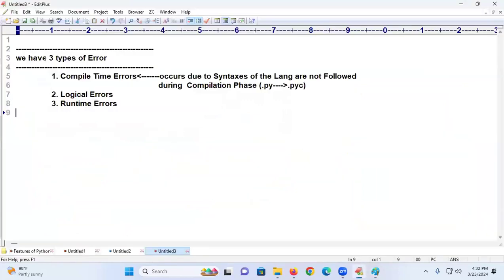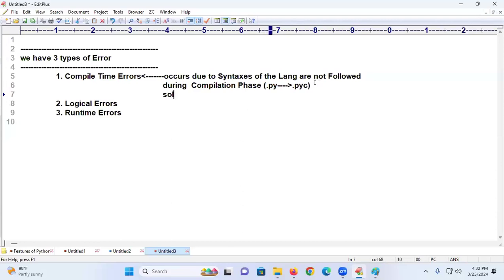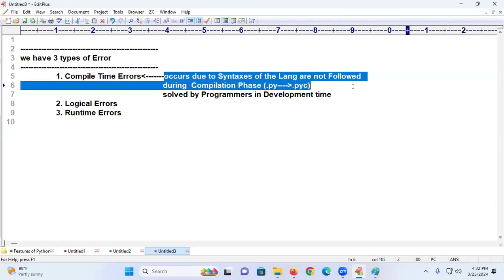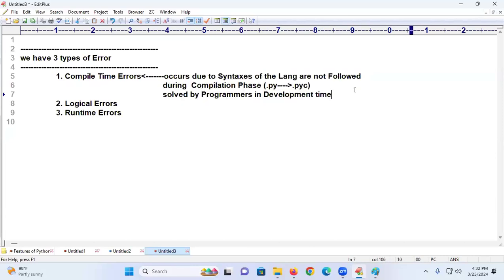This is why I said I explained the interpretation process from zero level in the class. These errors are solved by whom? Programmers. In which time? Development time only. That means during your application development time, at your company, you must sort out these problems. Are you able to follow?